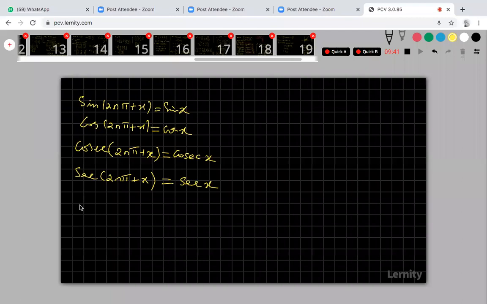Tan of n pi plus x is tan x. Cot of n pi plus x is equal to cot x.